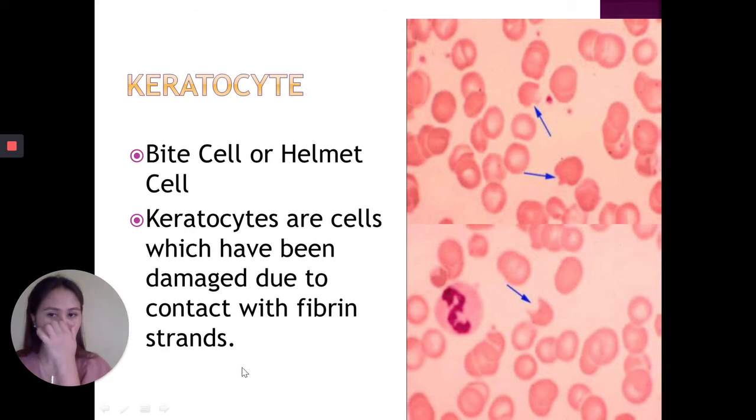So if there are a lot of fibrin strand, and the RBC happens to go through that particular area where there is a lot of fibrin strand, then the membrane of the RBC becomes damaged. And once it is damaged, it becomes a bite cell or a helmet-like cell, or should I say keratocyte.